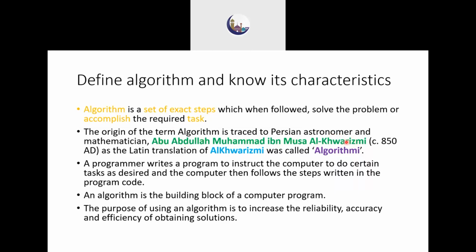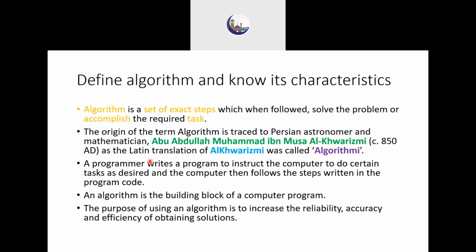He was nicknamed al Khwarizmi, and the Latins, the Spanish and Italian people, don't say fa, they say ga. So it became algorithmy, and from that the term algorithm came up.